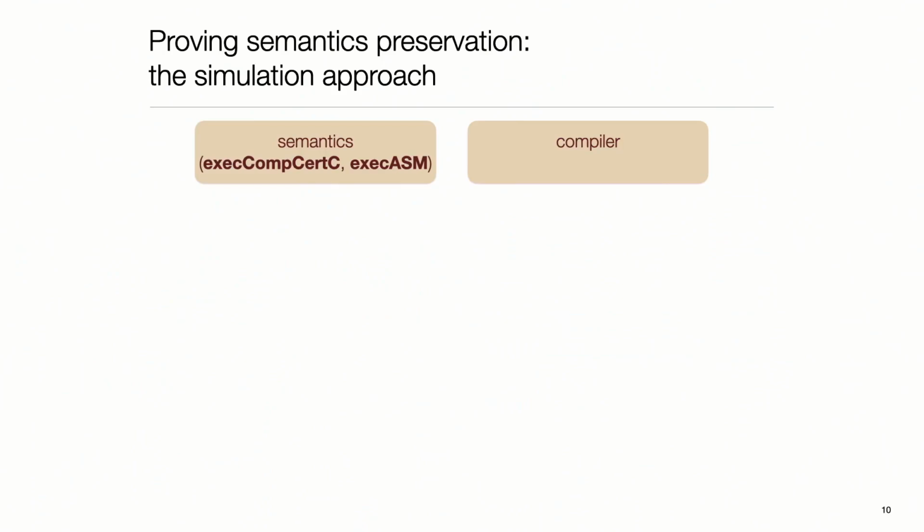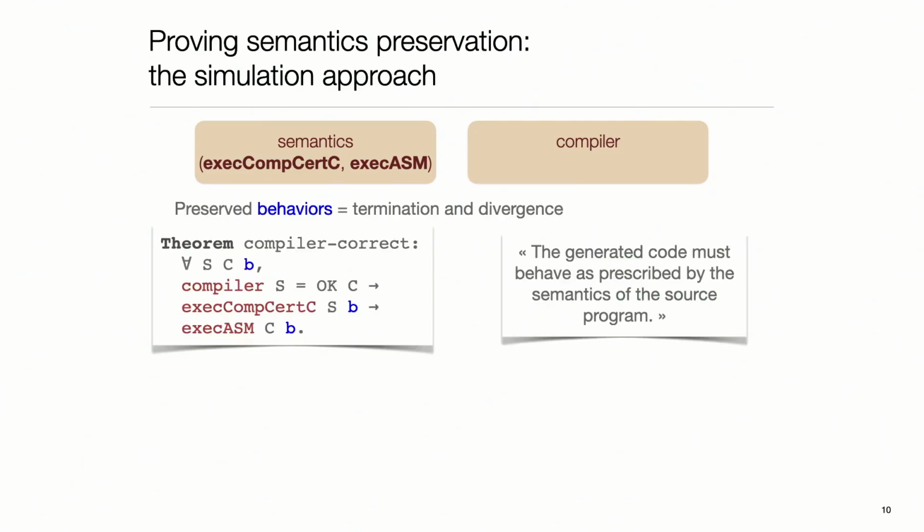So let's suppose once again we have the semantics for the source and target programs on the one hand, and on the other hand we have a compiler function that describes all the 18 compiler passes of CompCert. We can now state the correctness of the compiler using a theorem such as this one.